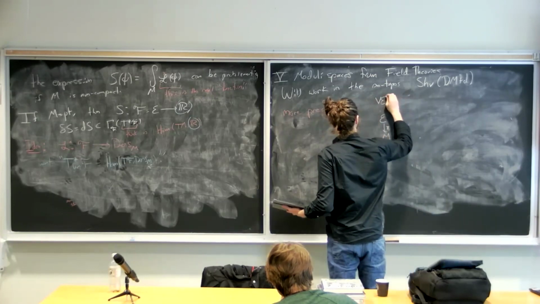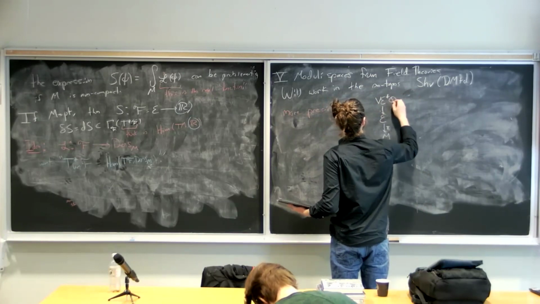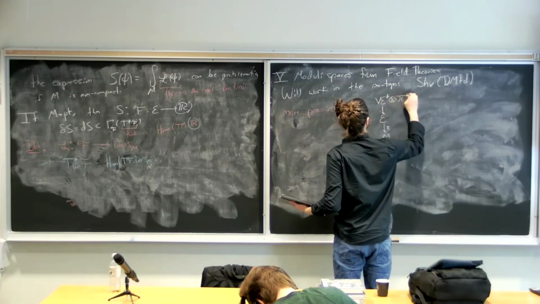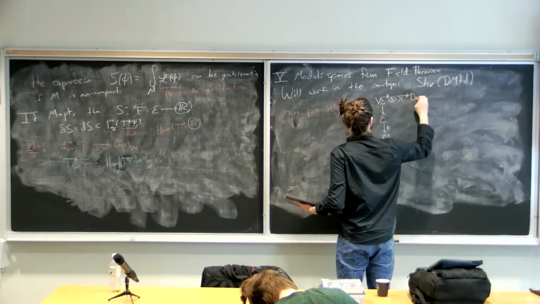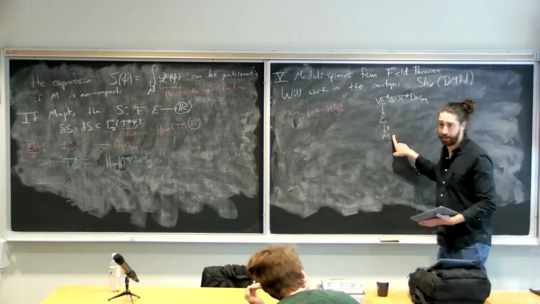We can also look at the vertical cotangent bundle. And in fact, we can take this and tensor with the pullback via pi of the density bundle. So that's something which sits over E, then sits over M.